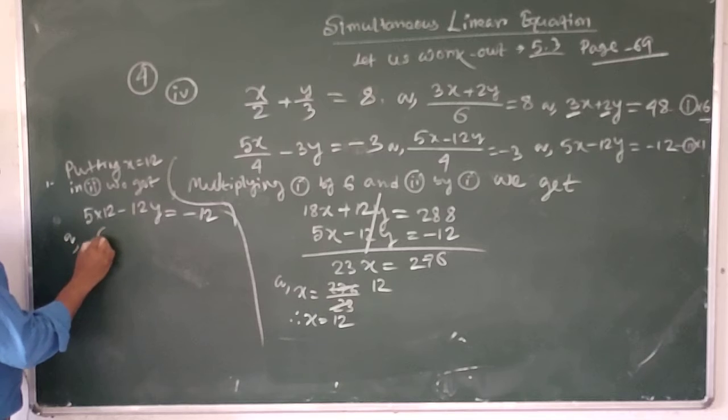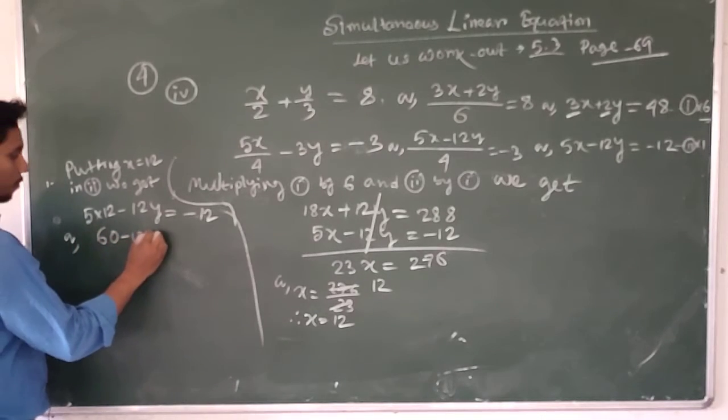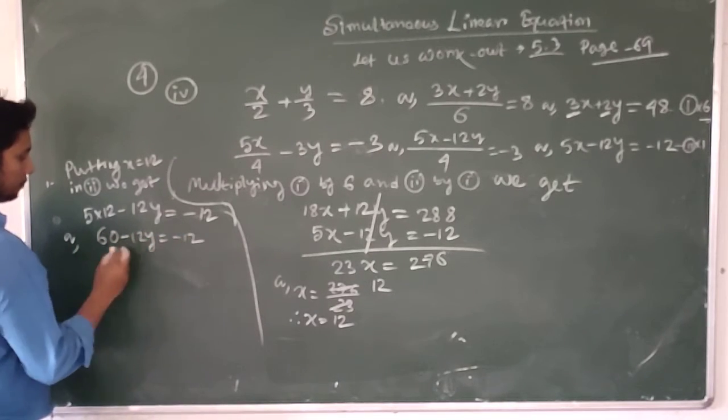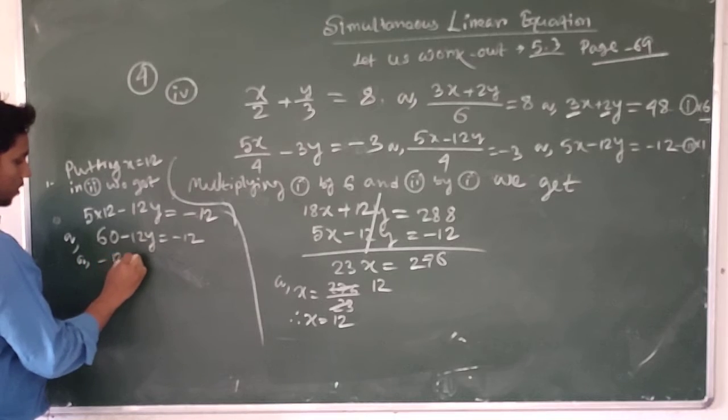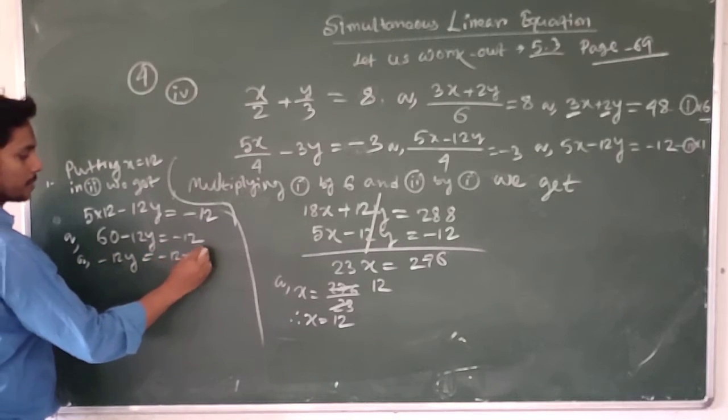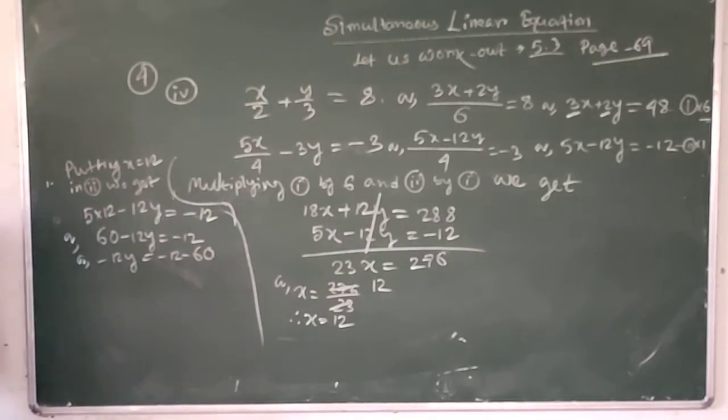So 5 into 12 is 60, minus 12y equals minus 12. So minus 12y equals minus 12 minus 60. 60 and 12 have the same sign, so they will be added.